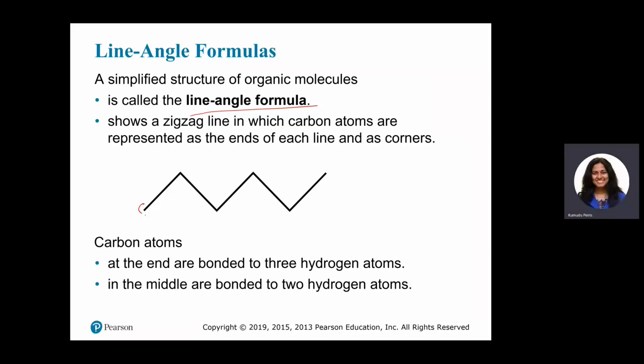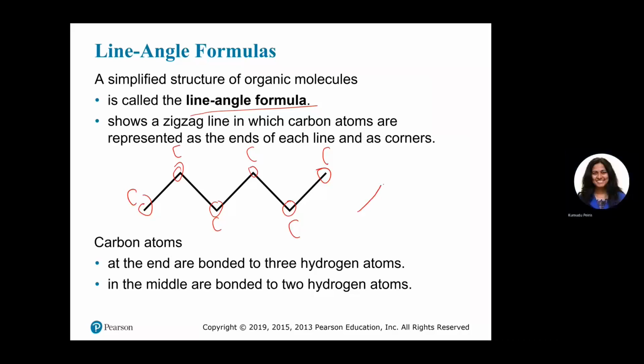The ends and the corners represent the carbons like this. So then how do you get the expanded structural formula? Yes, you just add the hydrogens.